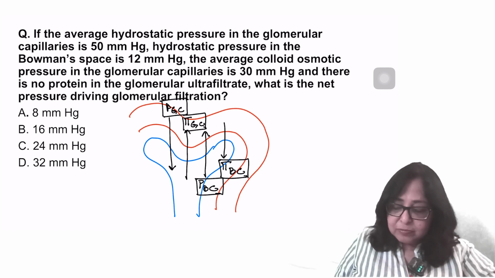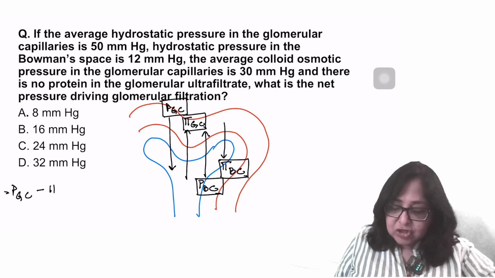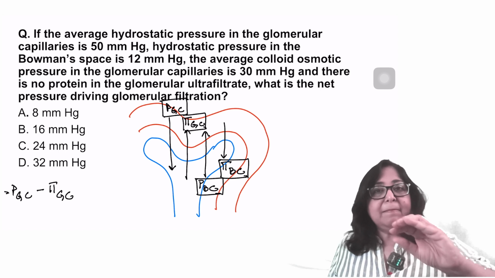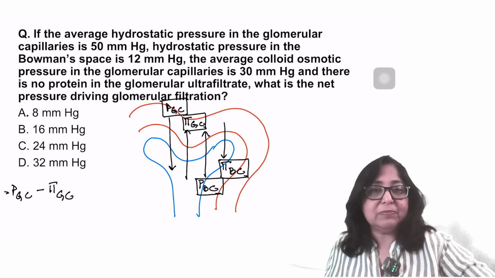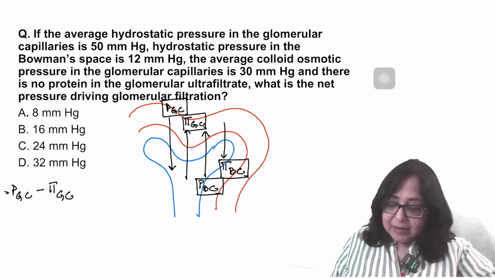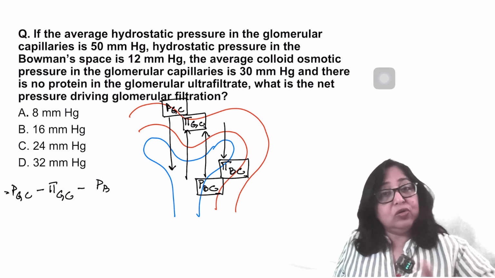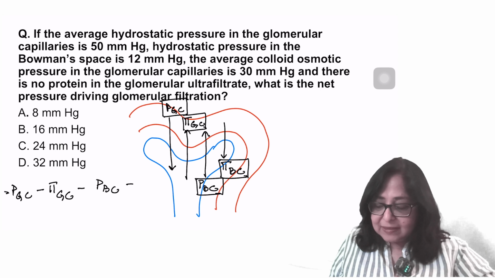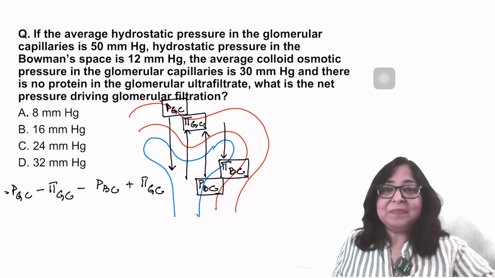In other words, what is net pressure? This is PGC minus pi GC. Why minus pi GC? Because pi GC, or the colloid osmotic pressure of the glomerular capillaries, opposes filtration. Minus PBC, which is also opposing filtration, plus pi BC.